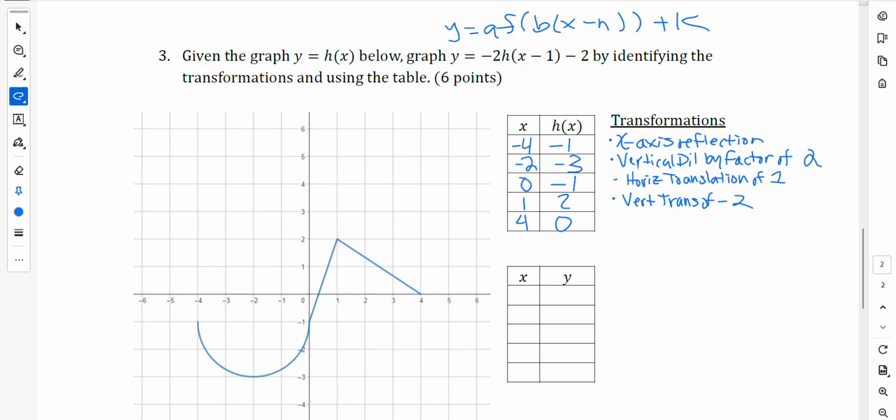If people had written down the transformations correctly, 4 points. Because I think that is where the weight of this problem is. It's being able to identify each of the different transformations.